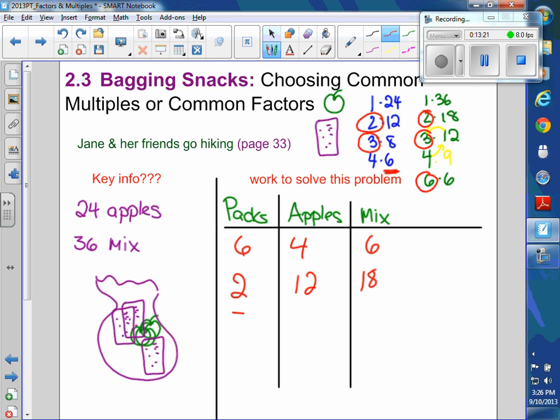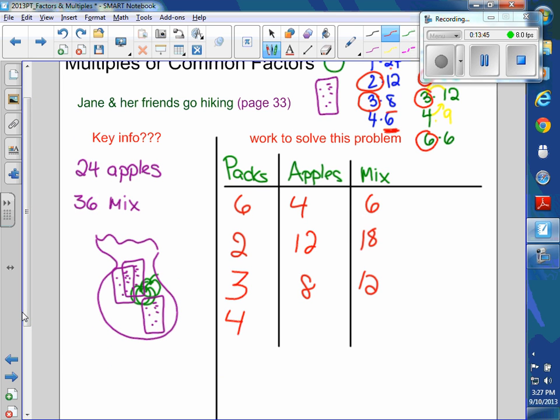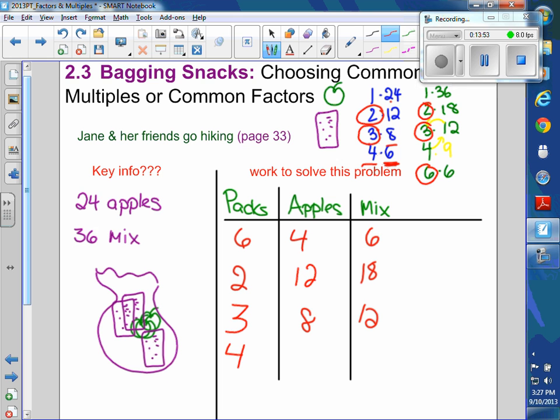So if I had 3 backpacks, Isabella, how many apples would I have? 8, because I would be dividing 24 into 3 parts, and so I would get 8. And then how many bags of trail mix would I have? 12. Okay. What if I had 4 backpacks? Is that going to work? Yes, it will work. So, the apples would have 6 in them, and the trail mix would have 9. Right, 6 and 9. Okay.